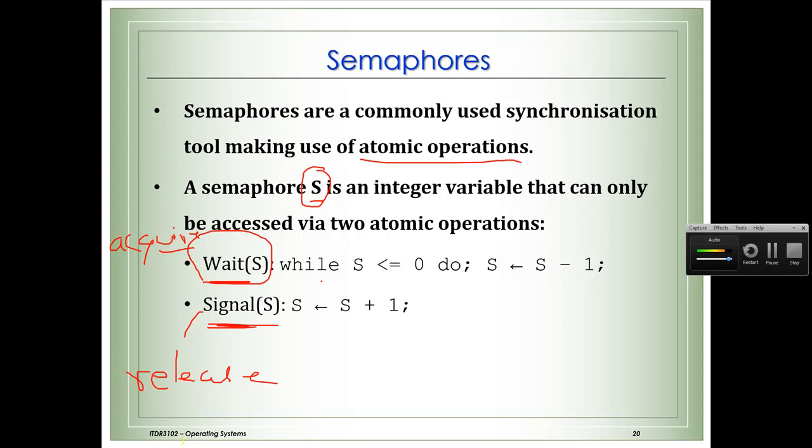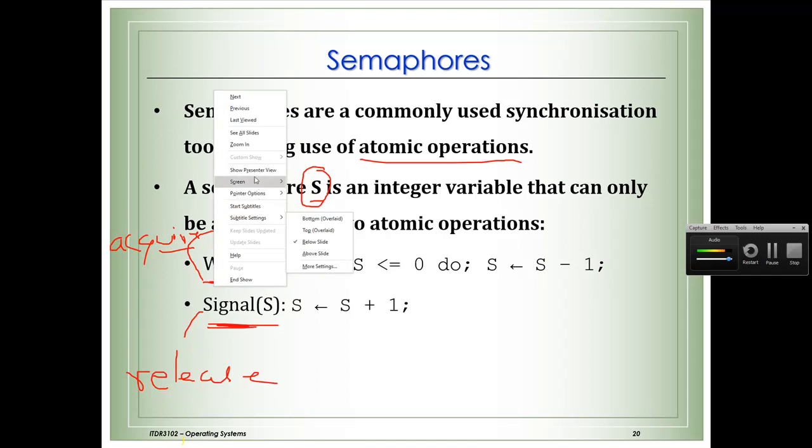Let me explain this. In the synchronization tool there is a semaphore variable s, and there are two methods. One is wait and another is called signal.